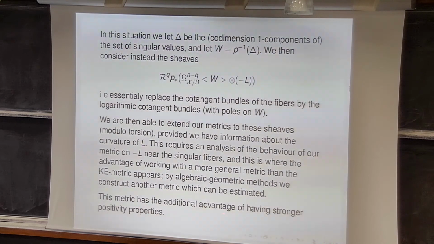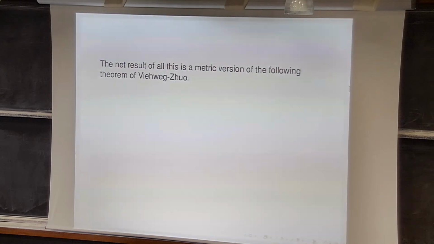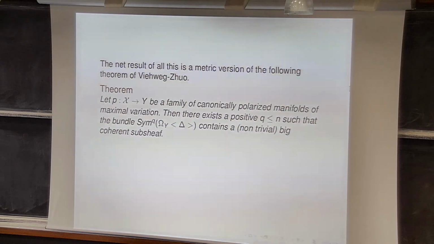And the curvature of the line bundle, you remember, came into the curvature of the direct image bundles. The net result that we can do with this is a metric version of the following theorem of Wang and Schumacher. So now we have a base which is higher dimensional. We have a family of canonically polarized manifolds with maximal variation.